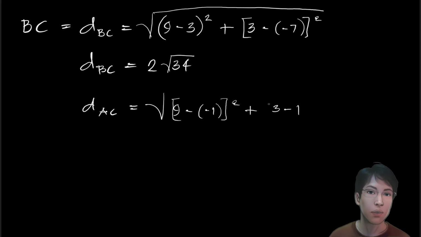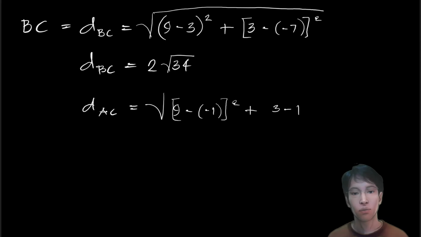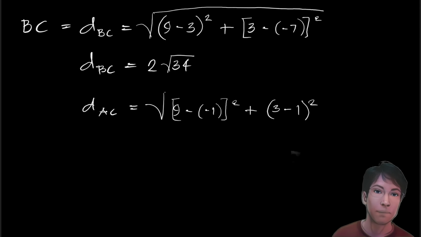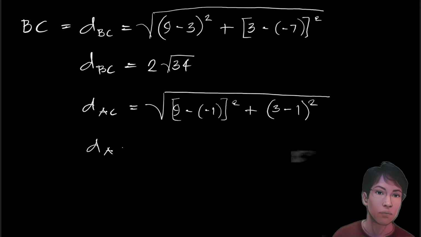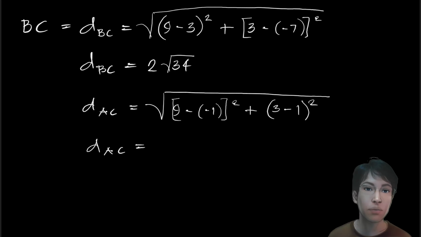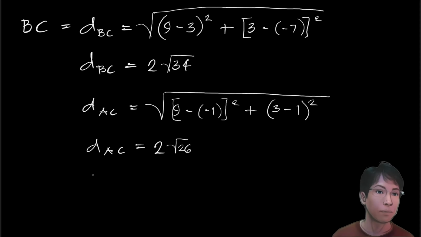Make sure that you are consistent with x sub 1, y sub 1, x sub 2, y sub 2, otherwise you'll get the wrong answer. And distance AC, again from your calculator, gives you 2 square root of 26.